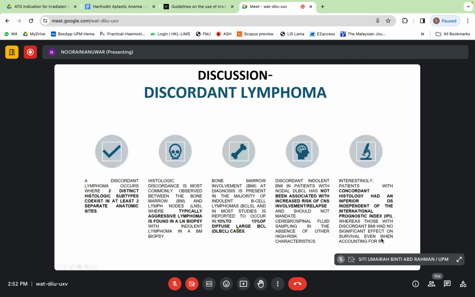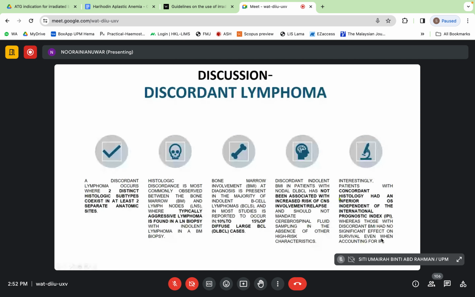Okay, and those patients with discordant indolent bone marrow involvement and DLBCL have not been associated with increased risk of CNS involvement or relapse. So for those patients without high risk features, CSF monitoring is not really needed.